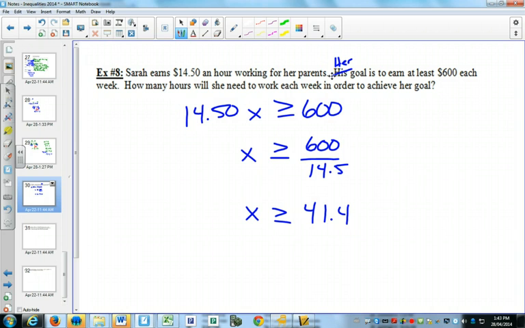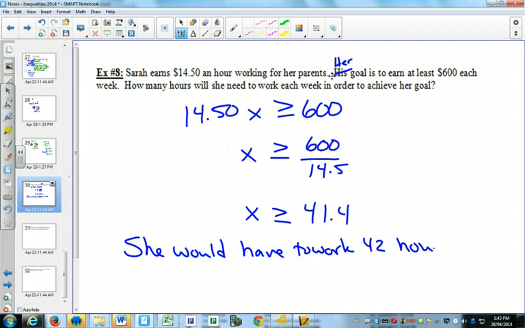So she would have to work 42 hours or more. And I rounded up because 41 hours wouldn't be enough.